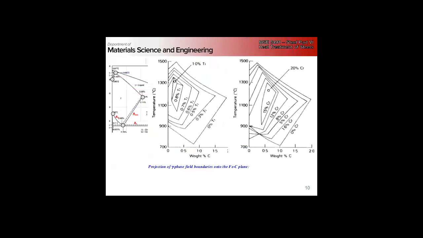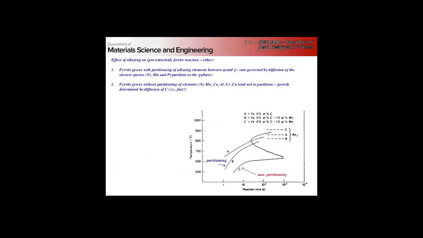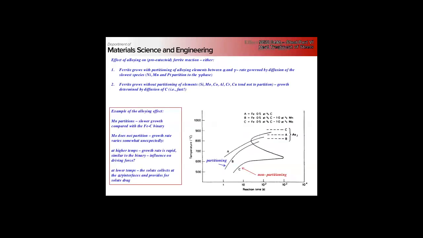Where you need virtually 20% of chrome for the same thing, right? Partitioning during the growth of ferrite. This was again something that came up repeatedly, right?